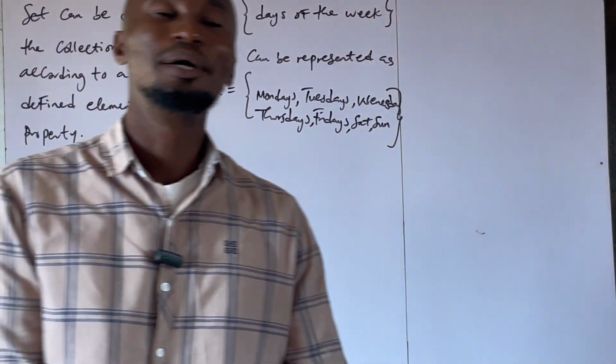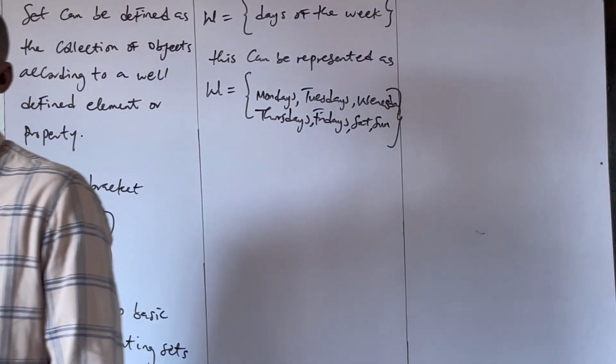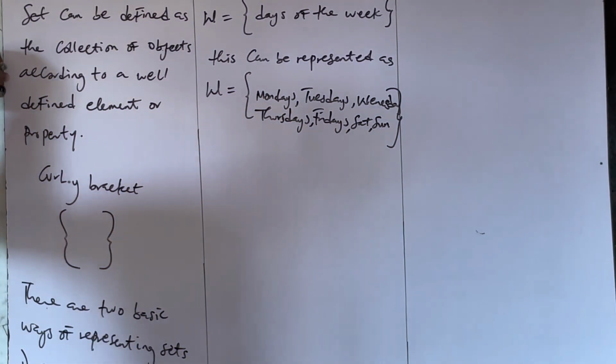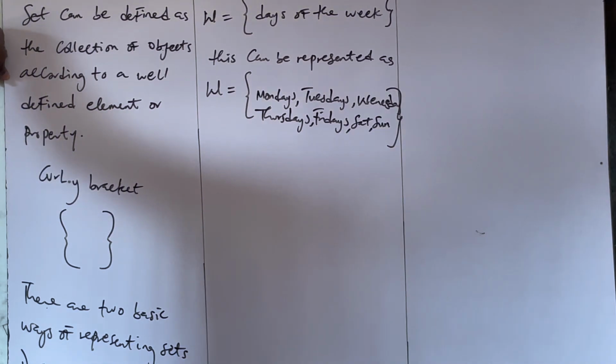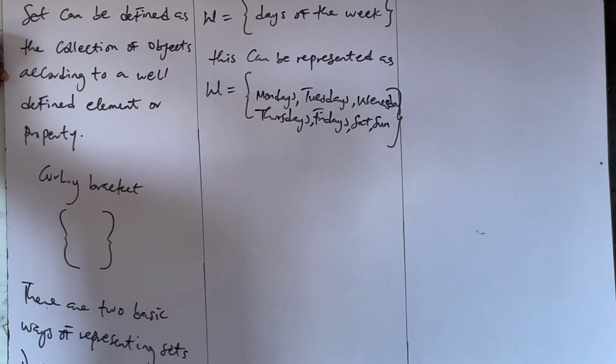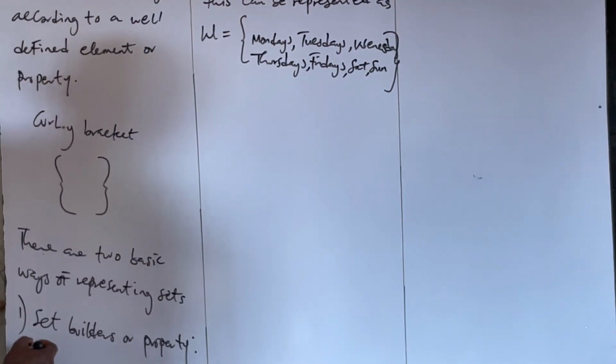The second one is what we call the roster or tabular method, or listing. Do you understand now? Remember that we said this represents the elements of the set.